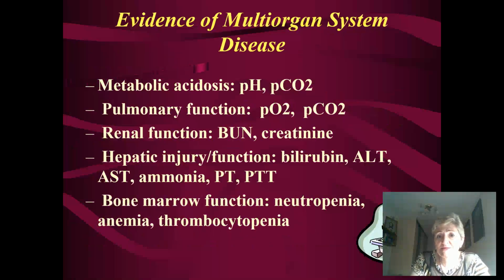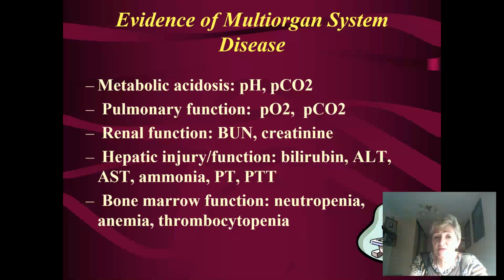Next, evidence of multi-organ system disease, multiple dysfunction, including metabolic acidosis, when you reveal pH or partial pressure of carbon dioxide, pulmonary function. When you reveal disorder of renal function, increased BUN or creatinine.